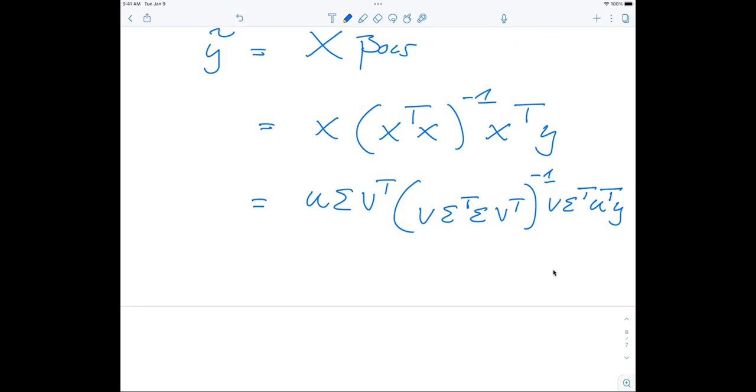And you are going to see that Y tilde is going to be a projection of the original Y defined by the column vectors of the orthogonal matrix U. But you're not going to have all the column vectors. You're only going to have those which are defined by the non-zero singular values.